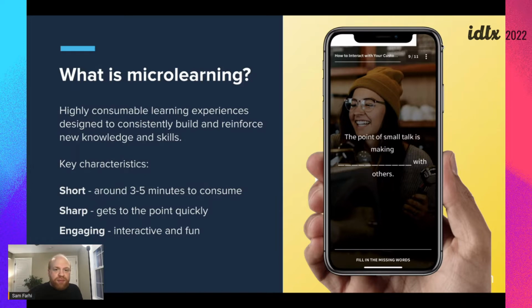Now, microlearning is usually sharp. It gets to the point quickly. It should be very concise. What I like to tell IDs is that there is a lot of value in studying wider than the instructional design books and literature.